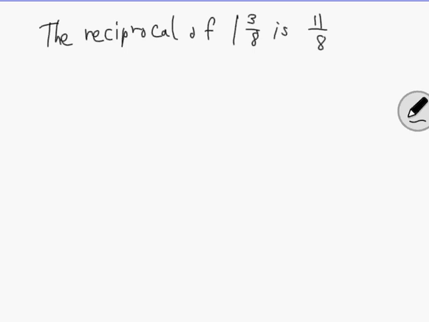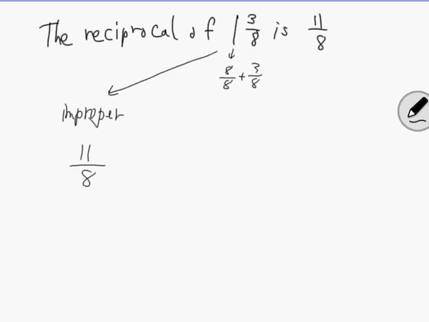Question 3, the reciprocal of 1 3/8 is 11/8. Well, first of all, if you're finding the reciprocal of a mixed fraction, you always have to examine it first as an improper fraction. As an improper fraction, 1 3/8 is really 11/8, because this one would be 8/8, that's 1, plus an additional 3/8.